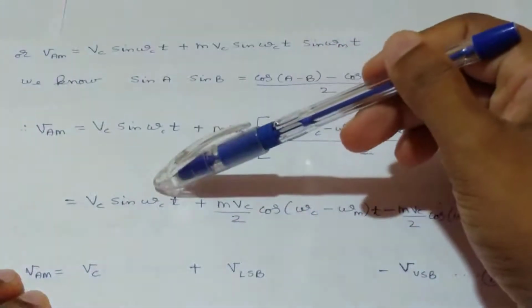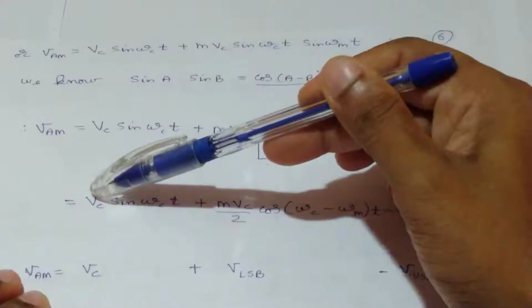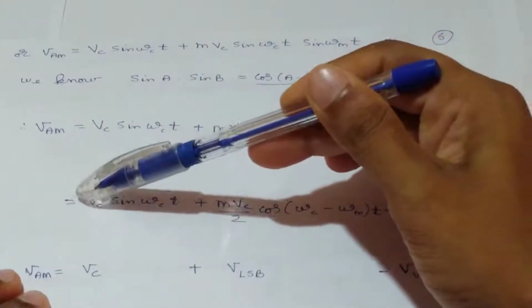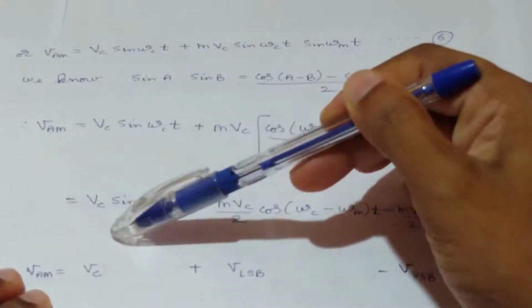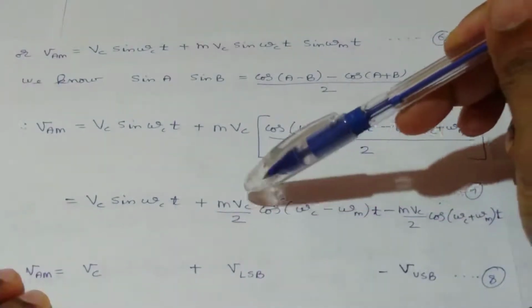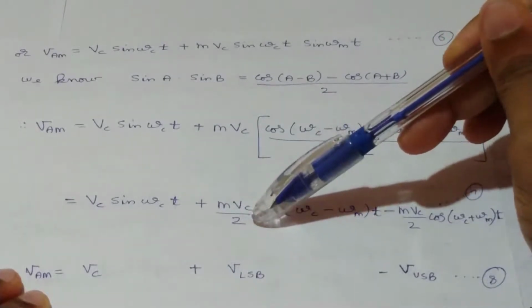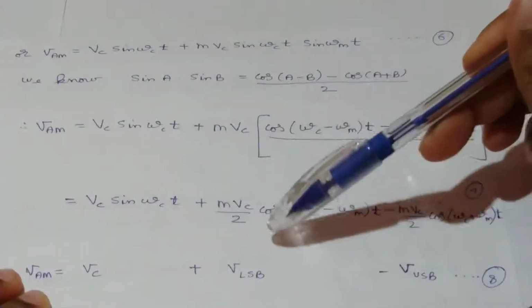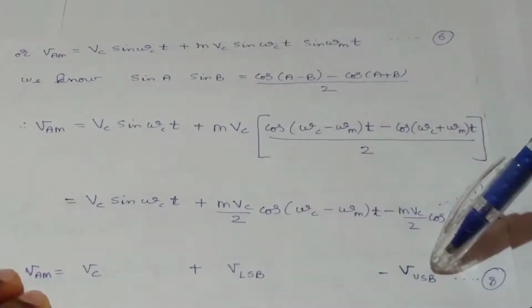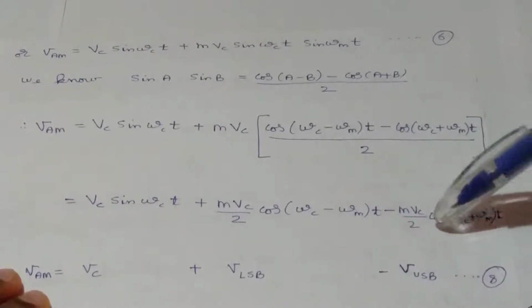So for this carrier signal, its peak amplitude is Vc, and hence its RMS value will be Vc divided by root 2. For this lower sideband component, its peak amplitude is MVc by 2, and hence its RMS value will be MVc by 2 divided by root 2. And for this upper sideband component, its peak amplitude is also MVc by 2, and hence its RMS value will be MVc by 2 divided by root 2.